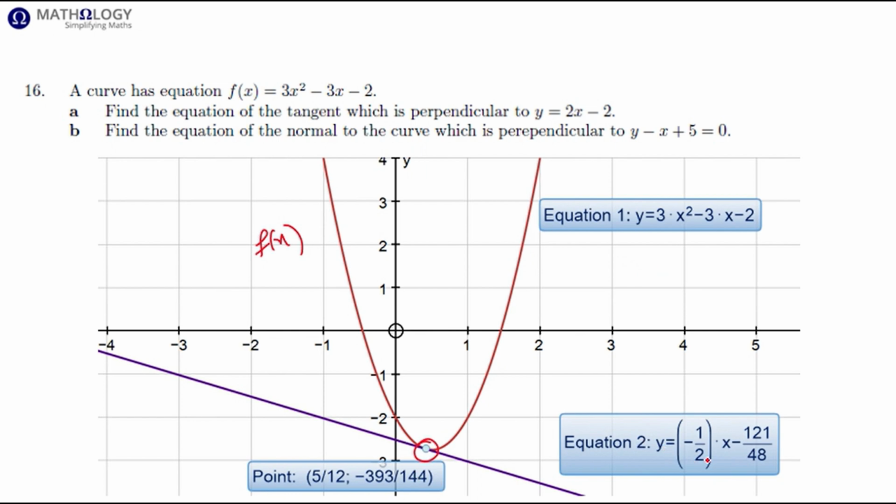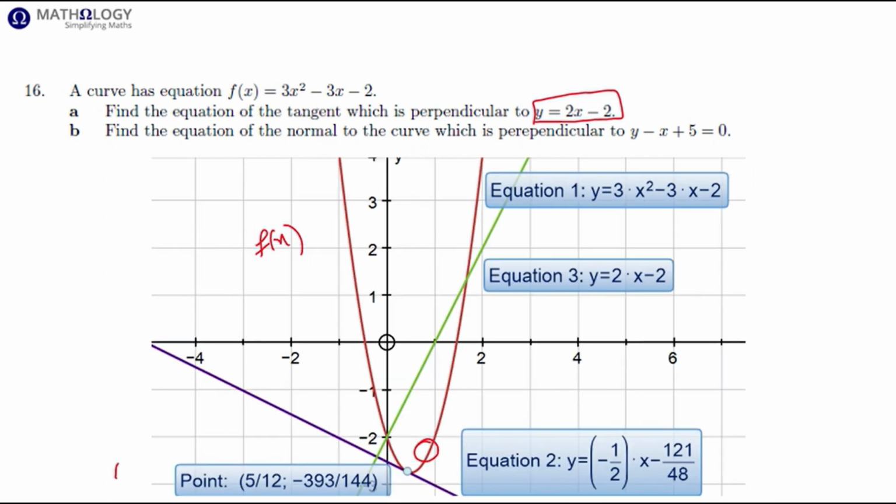And we have the tangent y equals minus half x minus 121 over 48. And we can further illustrate this by drawing in the straight line y equals 2x minus 2, which we can see is perpendicular to the tangent.